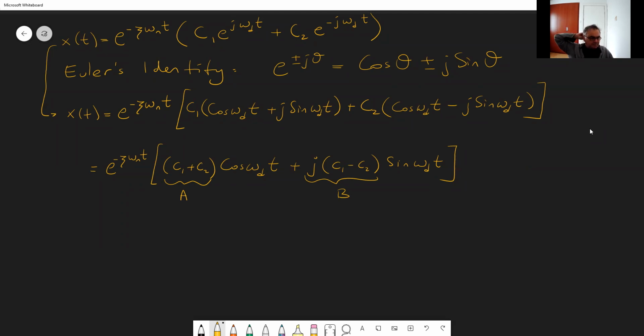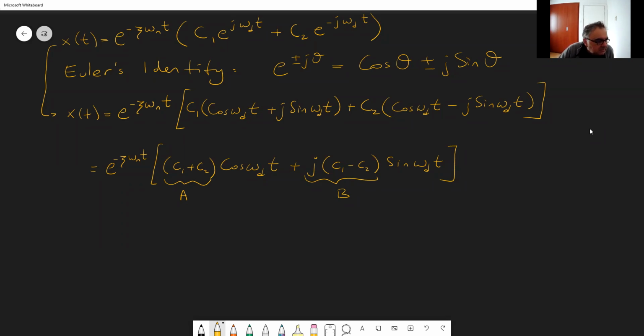Now, in general, since our equations are complex, C1 and C2 can be complex, but since our solution represents a physical system, A and B terms must be real.